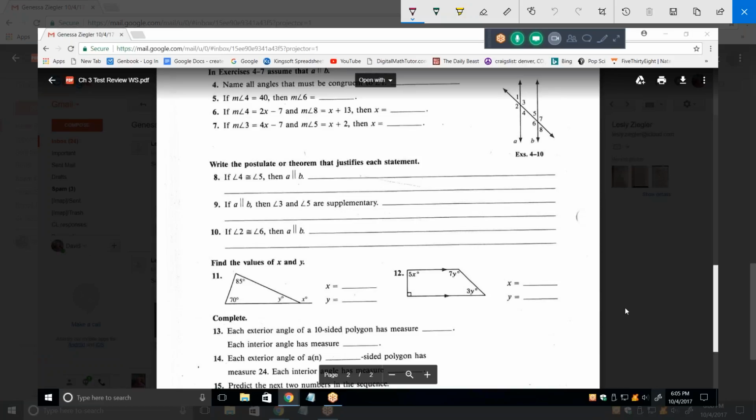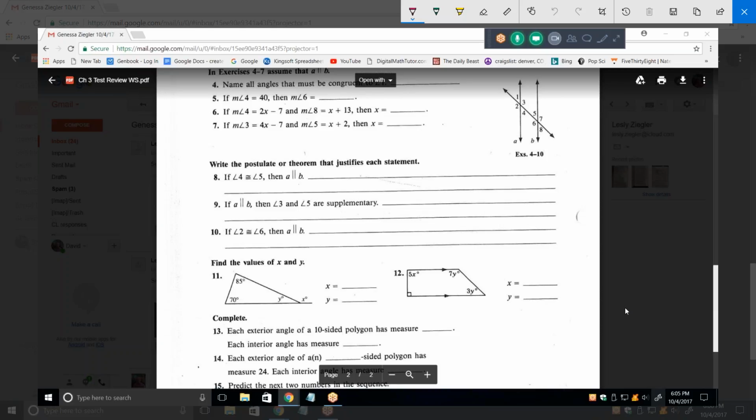So what is the postulate that makes angle 4 congruent with angle 5? Now here's where you got to know what they taught you. In other words, here you can't use my simplified technique. You can't say they're both acute, unfortunately. Okay, I'm going to give you the types.